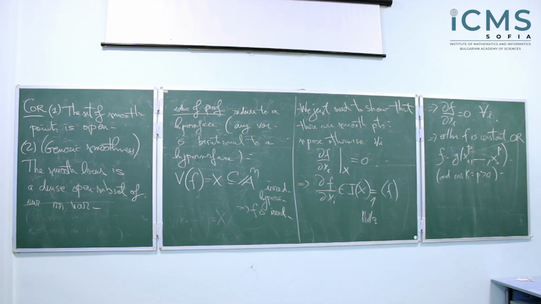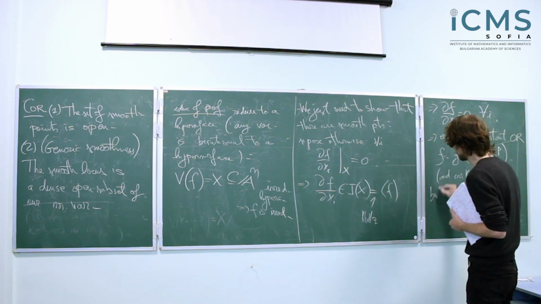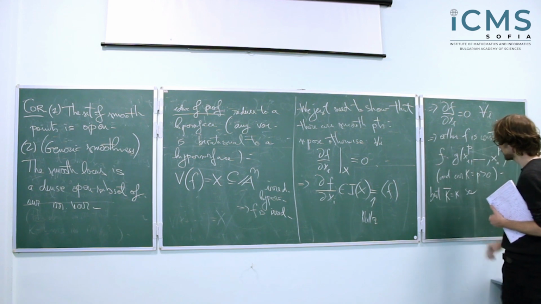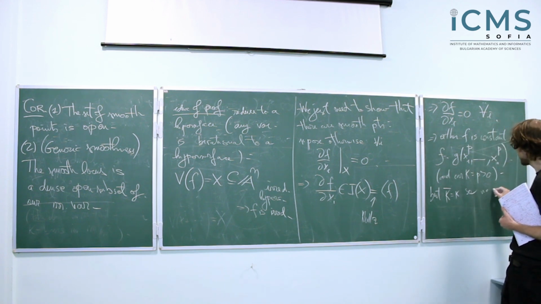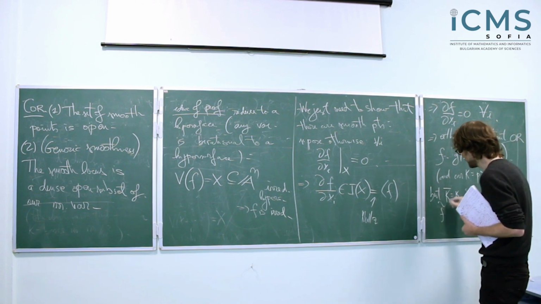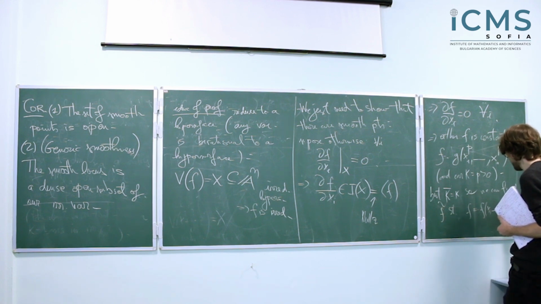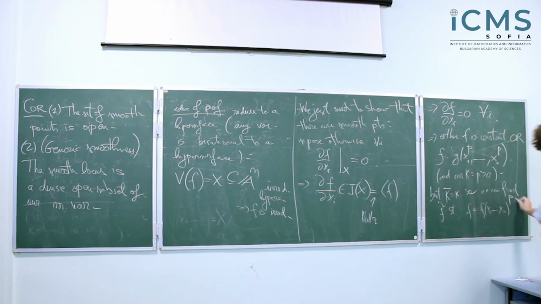Right? But remember that our field is algebraically closed. So we can find f tilde such that f is actually f tilde of x1, ..., xn to the power p. And this contradicts the irreducibility of f.